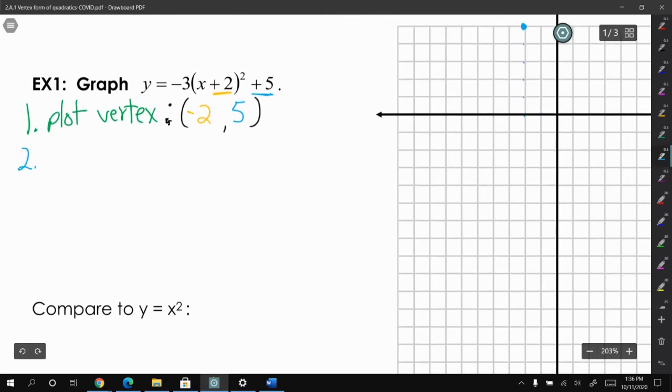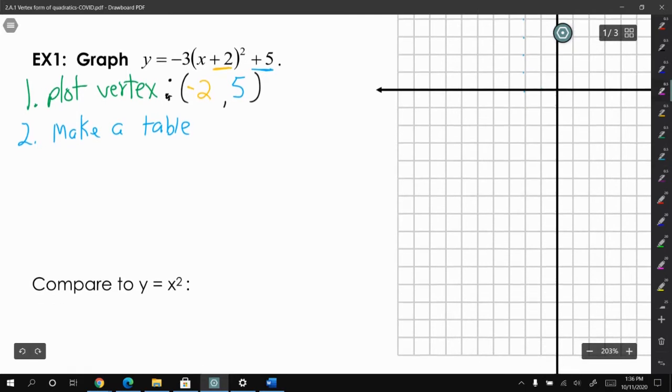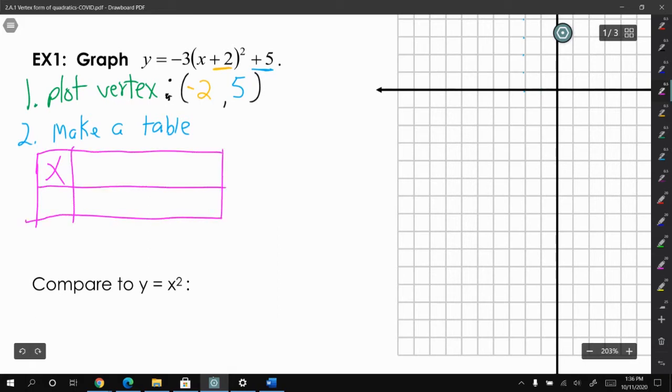The second step is to make a table. And when we make a table, we need 5 points. The vertex will always go in the middle. And then we go down by 1 on the left side, so -2, then down to -3, then -4, and then up by 1, -1, 0.